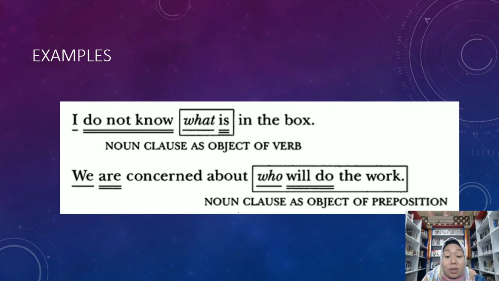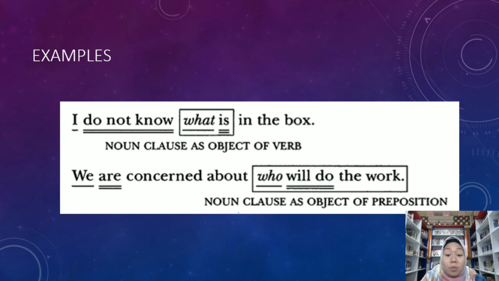Let's take a look at the second example. We are concerned about something, right? We are concerned about something, and what we are concerned about is who will do the work. Now, who here also functions as the subject because the one that we are concerned about and the one who will do the work refer to the same person.